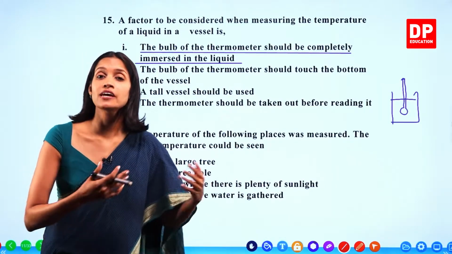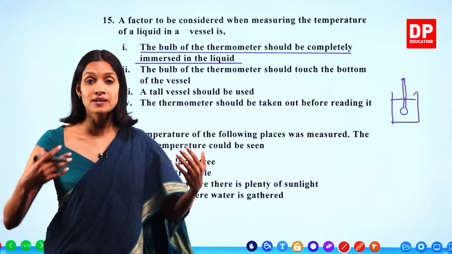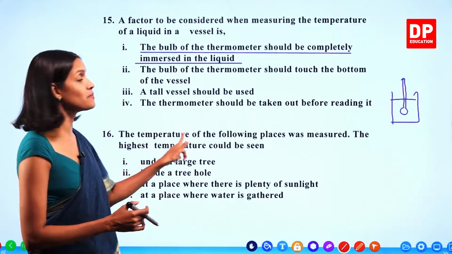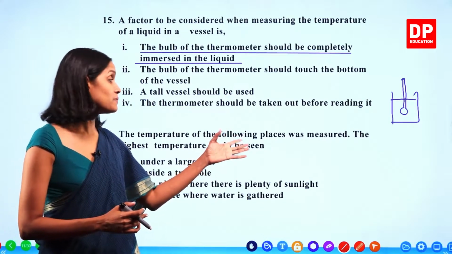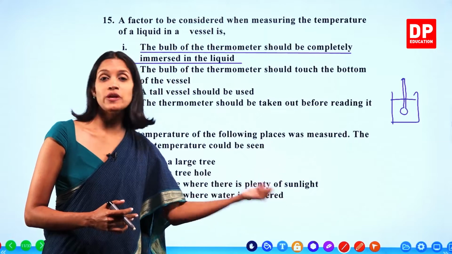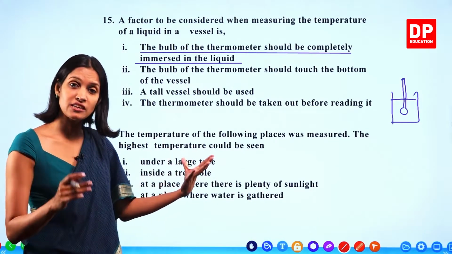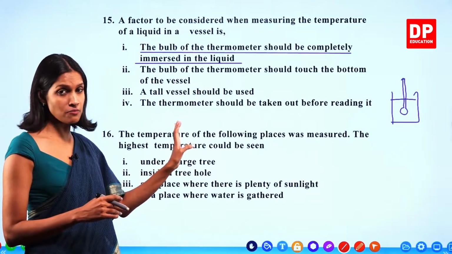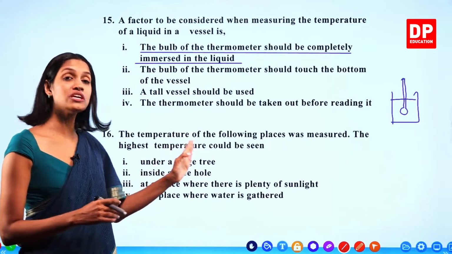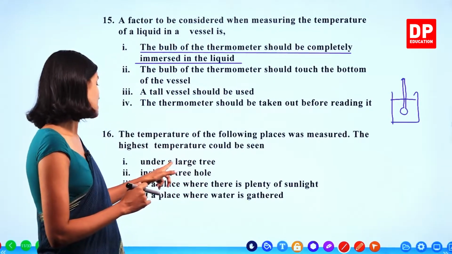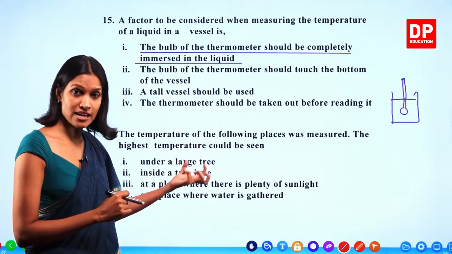Why does that happen? That type of soil gets heated up faster because it gets direct sunlight. So the highest temperature could be seen in a place where there is plenty of sunlight. Under a large tree, no, it's shady. Therefore, soil does not get heated up fast, right? Inside a tree hole also, it's very cold, because it does not get sunlight properly.